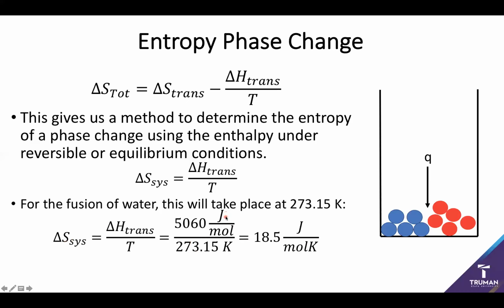Now, one of the things I want to point out is why this temperature of equilibrium essentially occurs. Because the melting of ice requires a certain amount of energy.